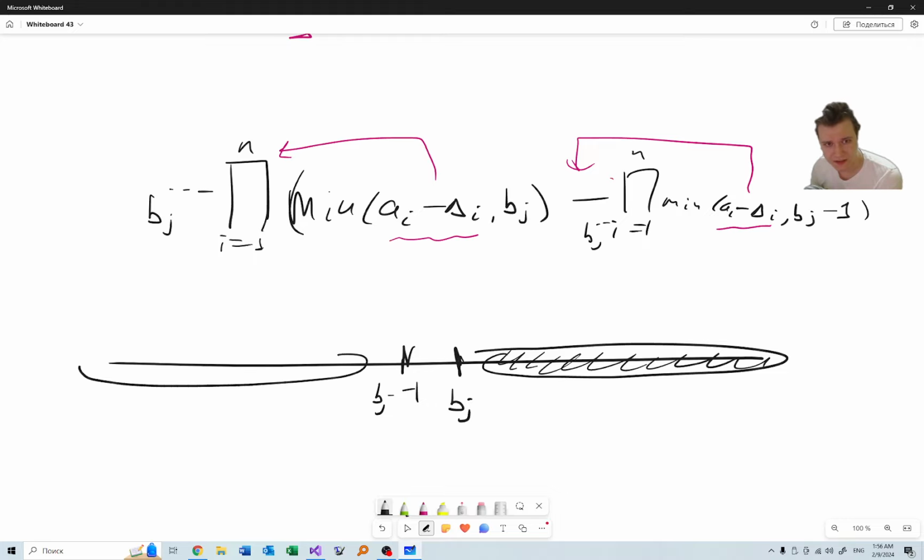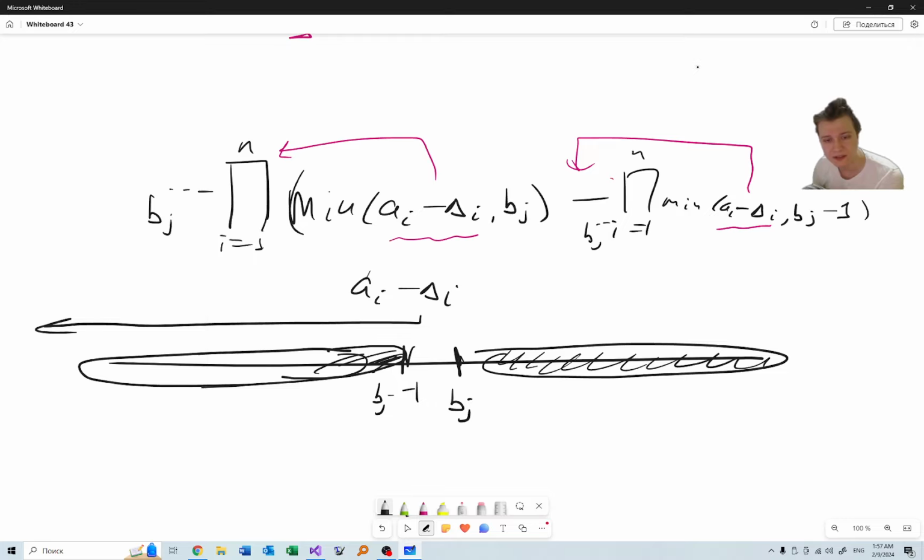If AI is here, or even here, including bj minus 1, then I can write it like this and remove it out of the sum completely. So the only problem is the numbers which are equal to bj.